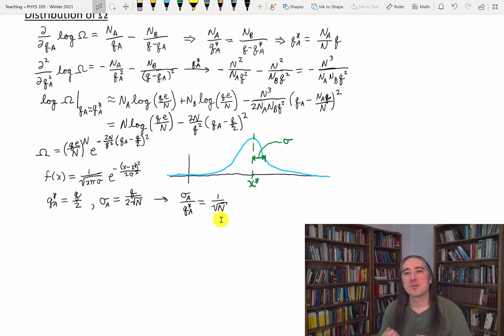When we make these macroscopic statements in equilibrium, they should generally, and I'm going to say generally because we'll find some cases where this may not be quite right, but generally they should be accurate to within 1 over the square root of the number of particles. So as we take the number of particles to be very large, the approximations of StatMech will get better and better.